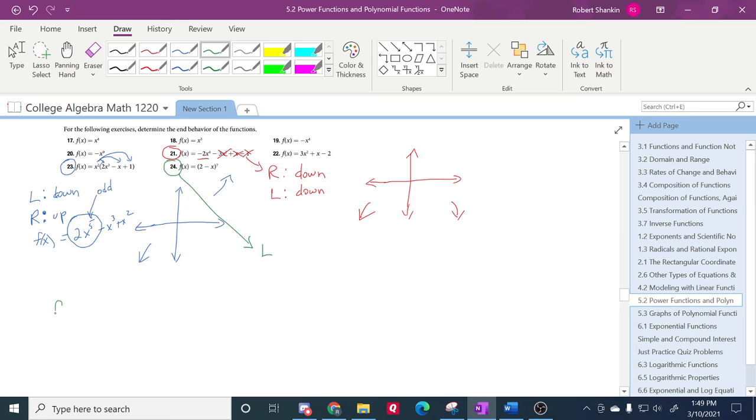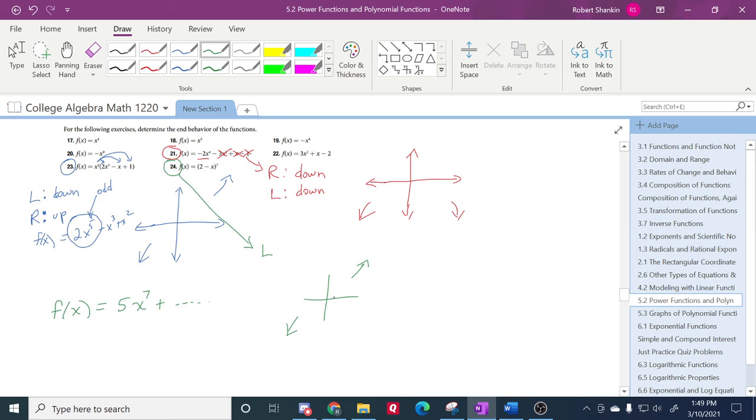If f of x equals 5x to the 7th, it doesn't matter what comes after this. My end behavior is going to look like this. Why?